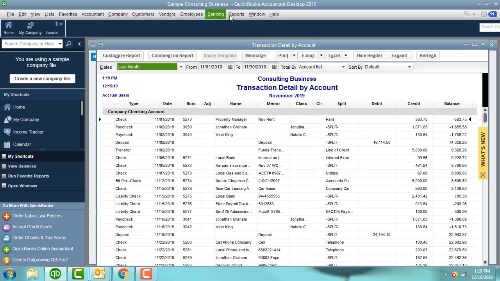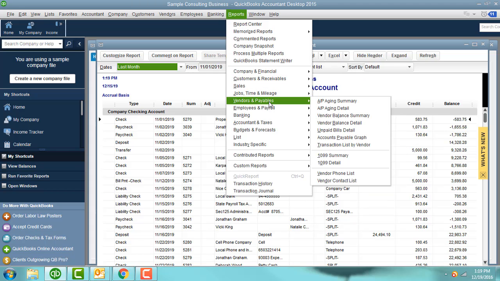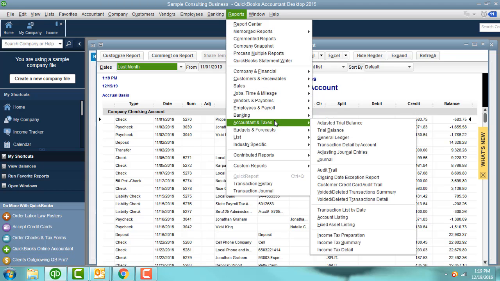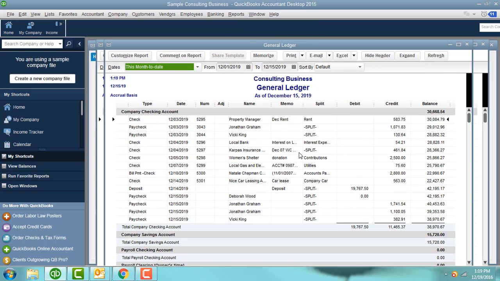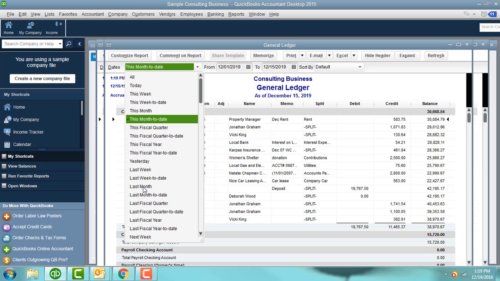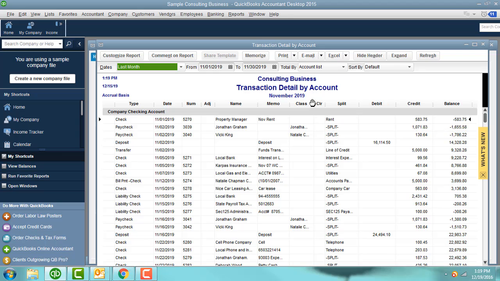Okay, actually, let's go to reports. All right, so here's the general ledger for November 2019.